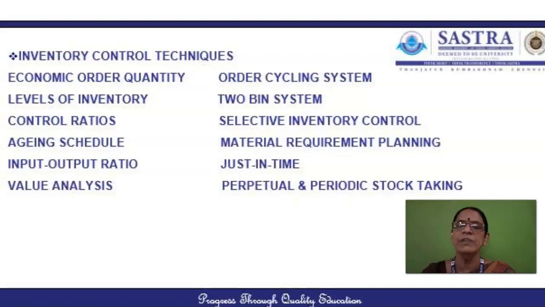The physical verification can be made periodically or it may be made continuously. When it is made periodically, it is called periodic inventory verification, and when it is made continuously, it is called perpetual inventory verification. Under the periodic inventory verification method, all the items of the storeroom are verified through counting, weighing, measuring, etc. at the end of every specific period.